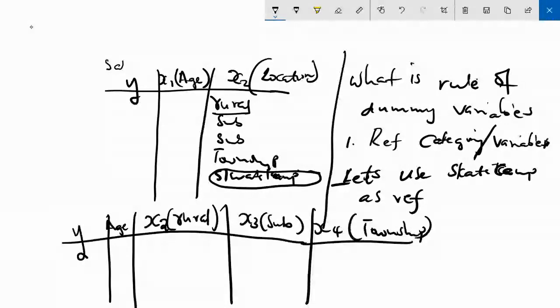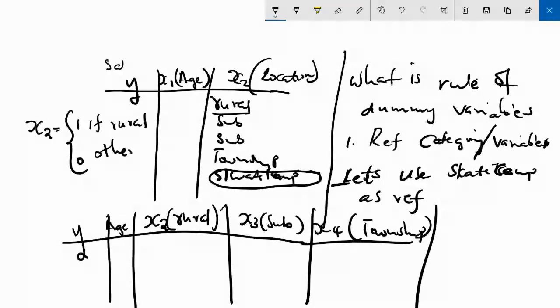Now, in simple terms, what are we saying? Whenever it is squatter camp, x2 is 1 if rural, 0 otherwise, isn't it? x3 is 1 if suburb, 0 otherwise.